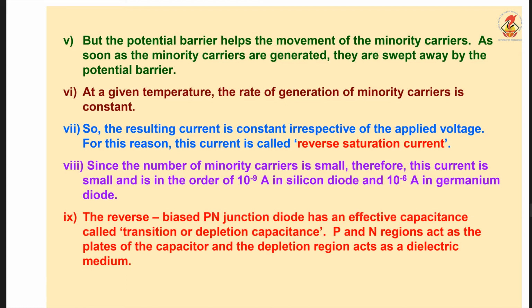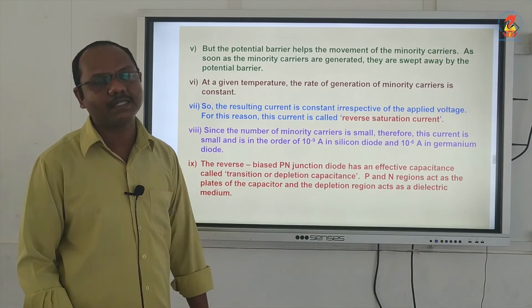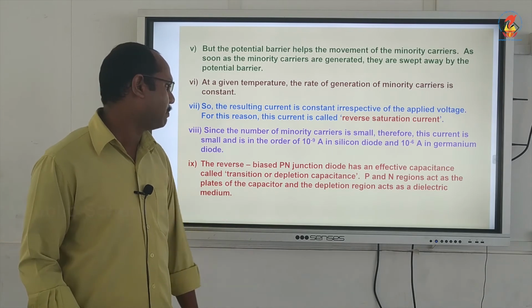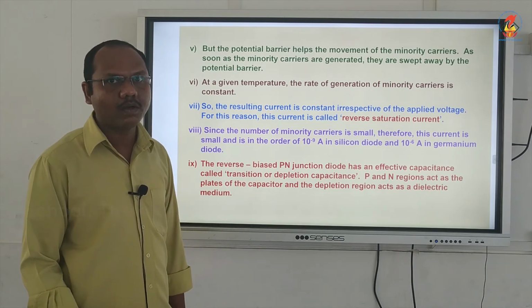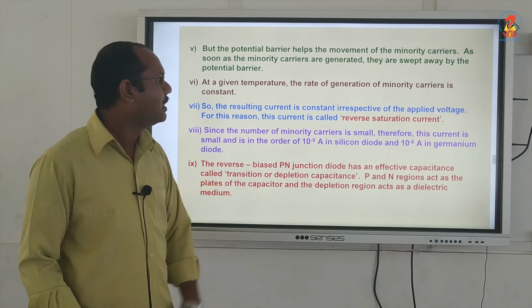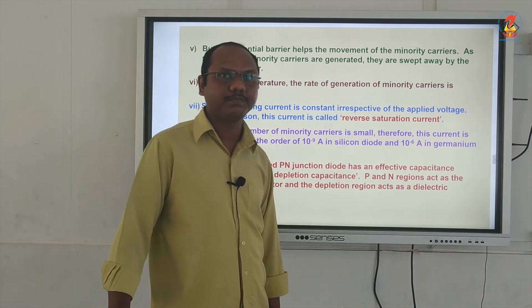So, in reverse bias, a very small capacitance is generated here, which is called the depletion capacitance or the transition capacitance. Okay, so this is all about the reverse saturation current.